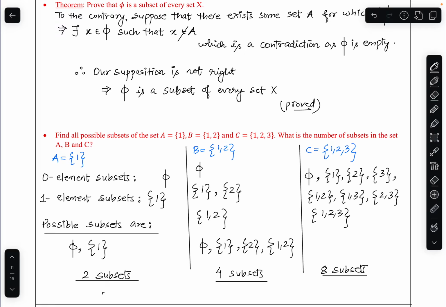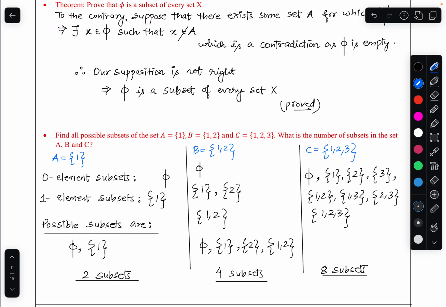So what you can observe is, when there is only one element in the set, we have 2 power 1 number of subsets. When you have 2 elements in the set, there are 2 power 2 number of subsets in the set.